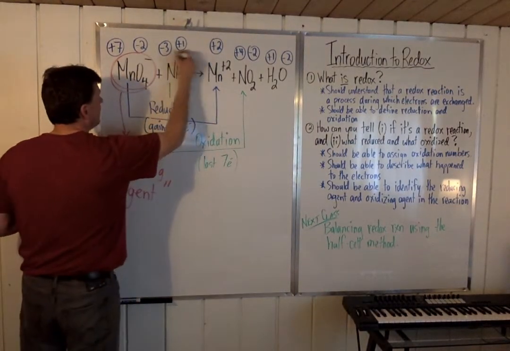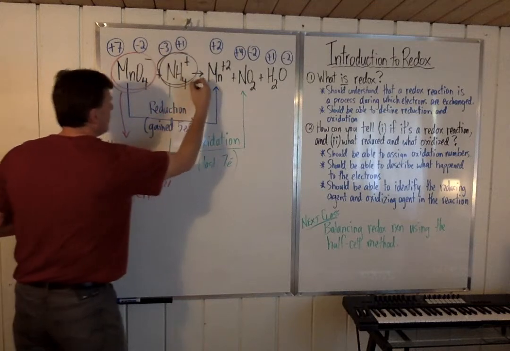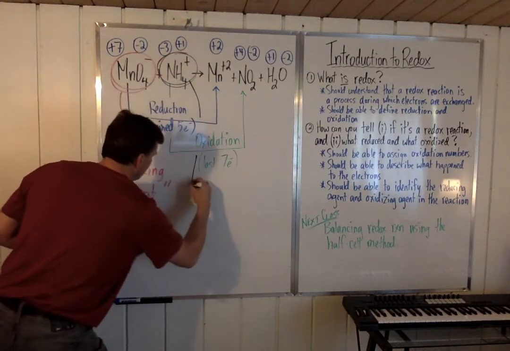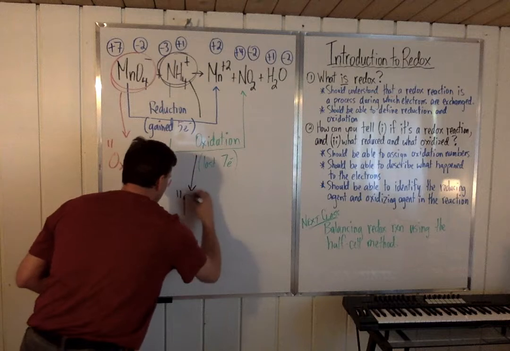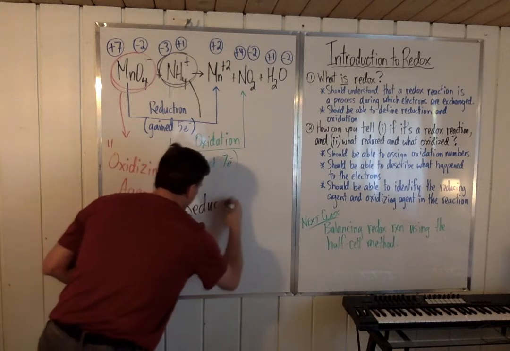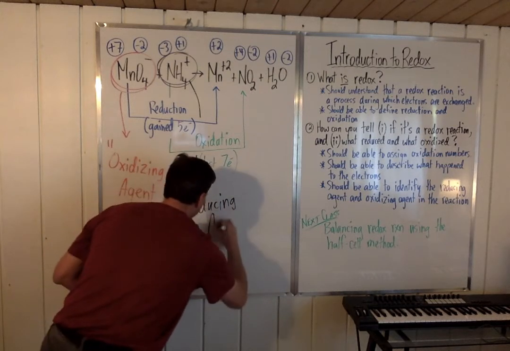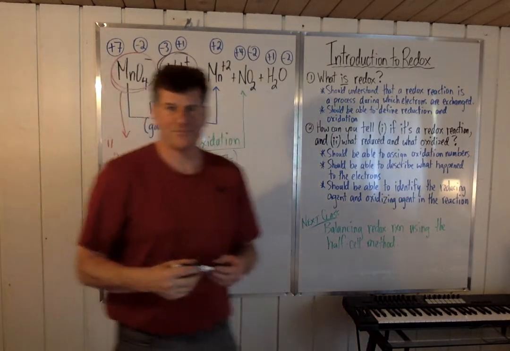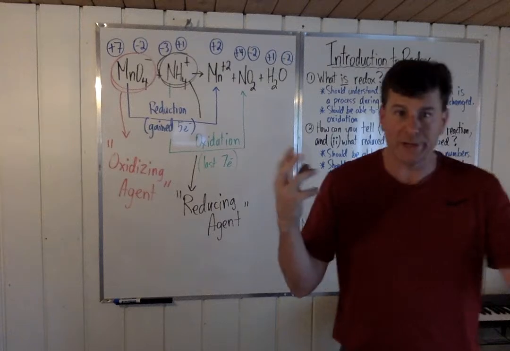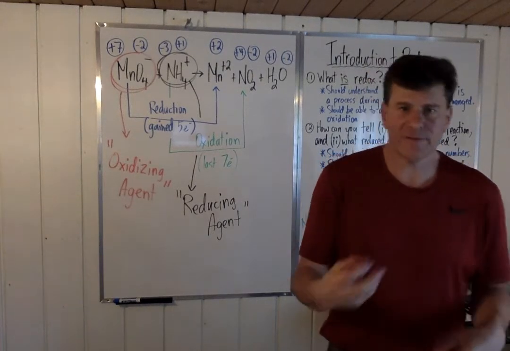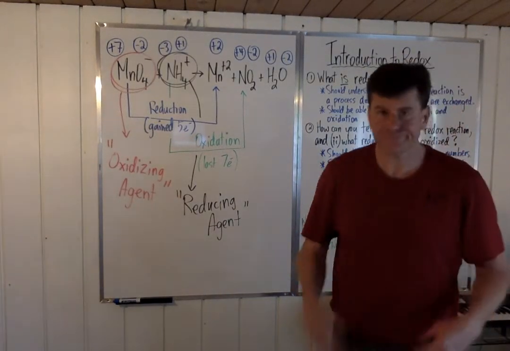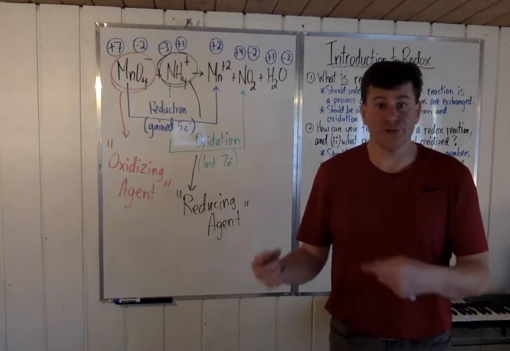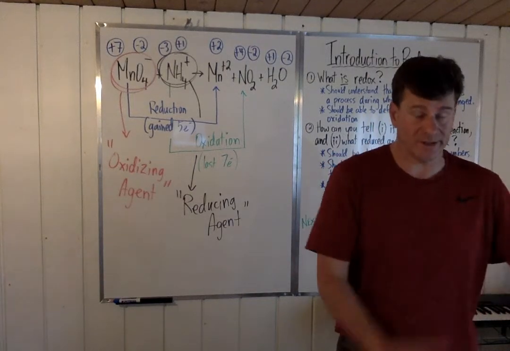So this one right here would be labeled the reducing agent. Again, it's kind of weird, but if you remember that the word agent means causes, therefore it's opposite. What you do is opposite to what you cause.